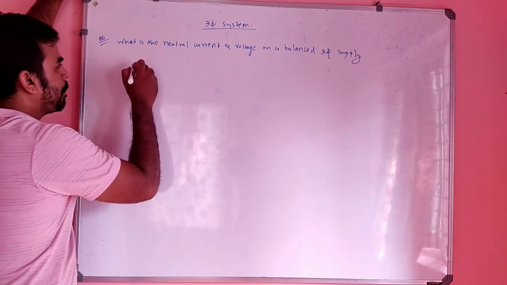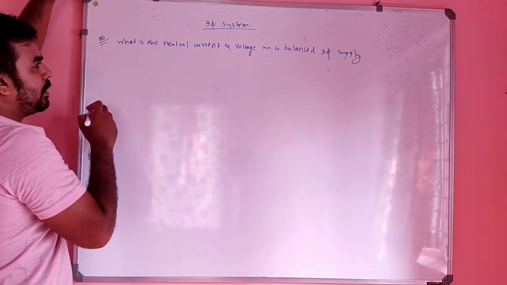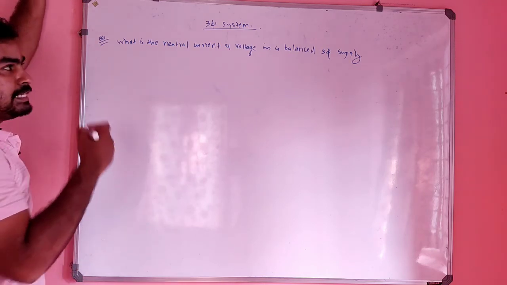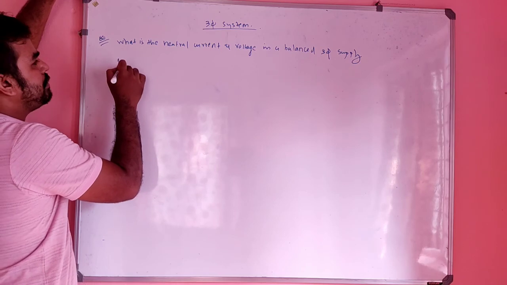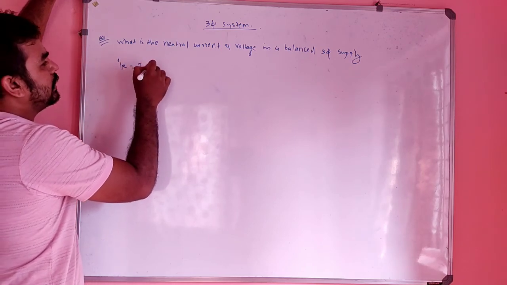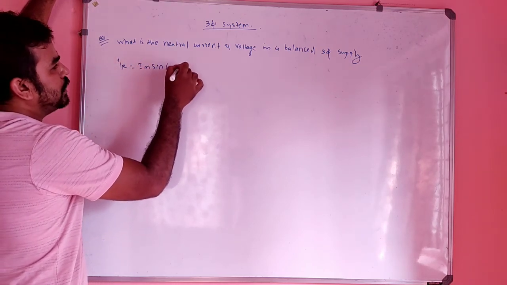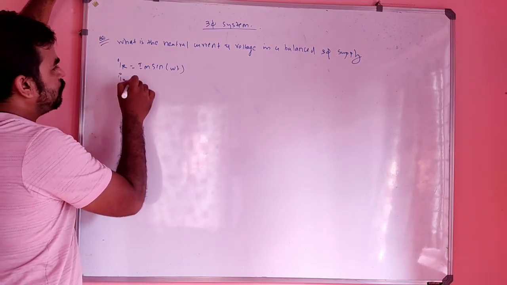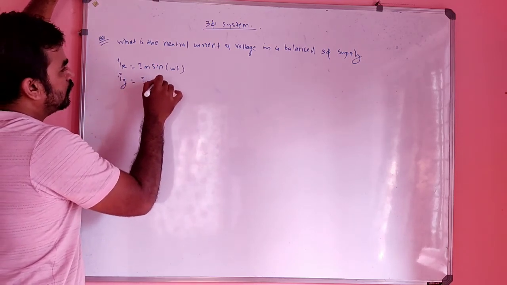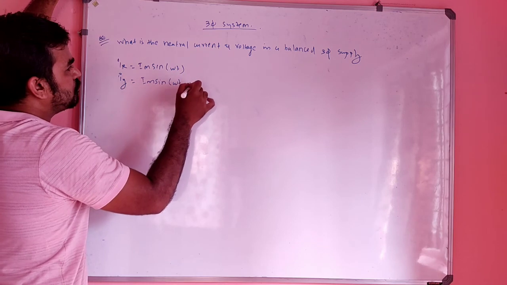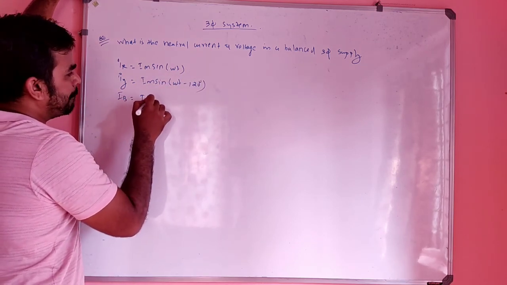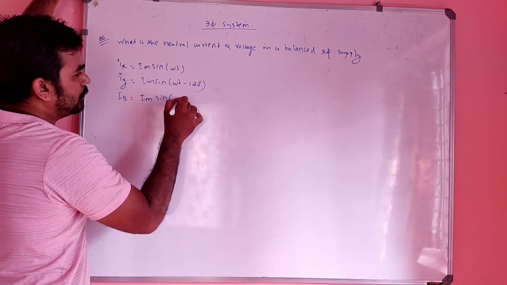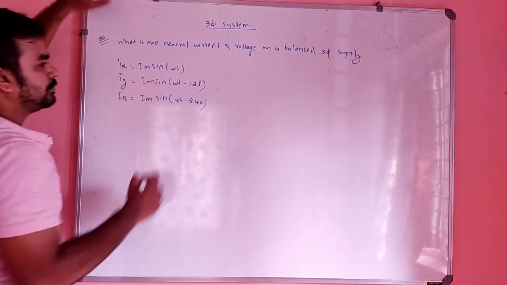See, we know that in a balanced 3-phase system, the voltage or current follow a relationship. Let IR equal Im sin omega t, Iy equal Im sin of omega t minus 120 degrees, and Ib equal Im sin of omega t minus 240 degrees.